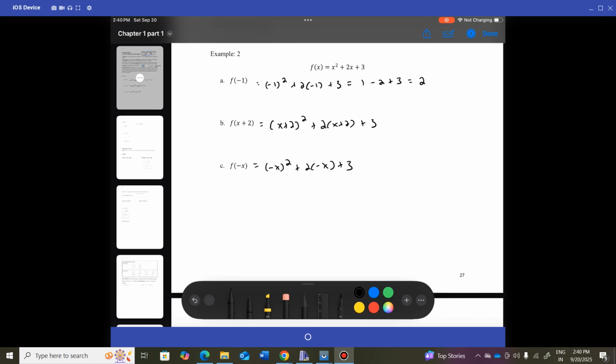Simplifying the second one, we get x squared plus 4x plus 4 plus 2x plus 4 plus 3, which is x squared plus 6x plus 11. For the third one, (-x) squared is x squared, so we get x squared minus 2x plus 3. You just simplify it down as far as you can go.